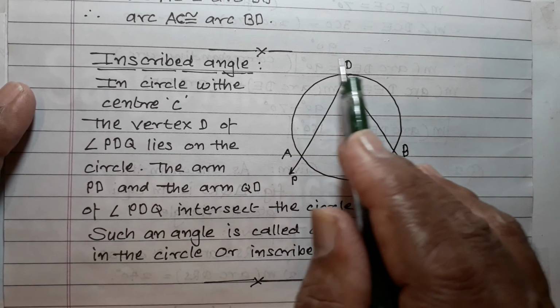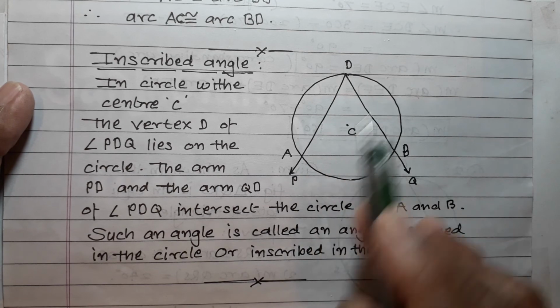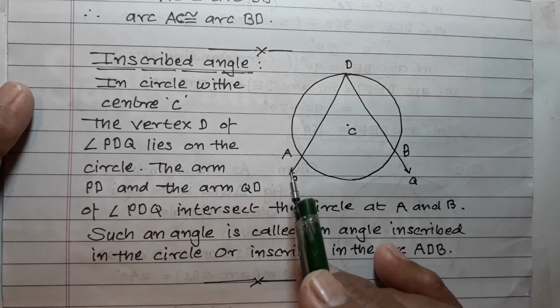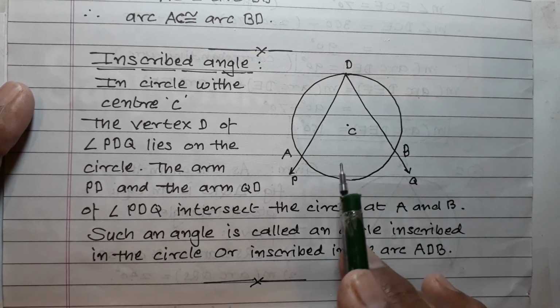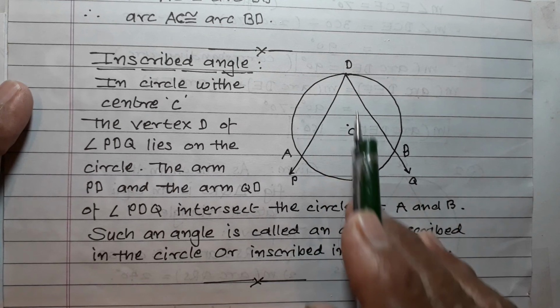So this arc ADB. You remember the end points of the arc lie on the arms of the angle, and if it is not so, then this is not inscribed.